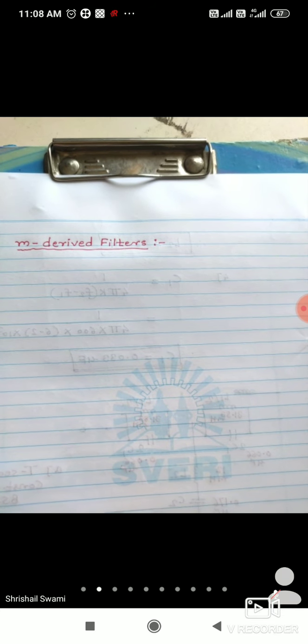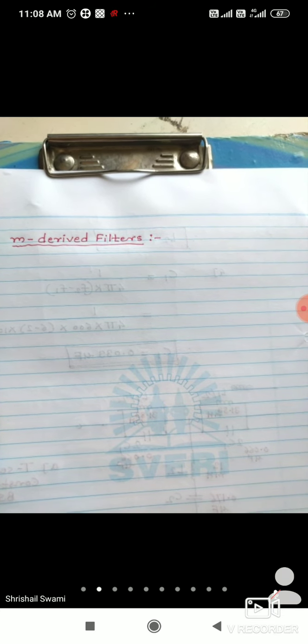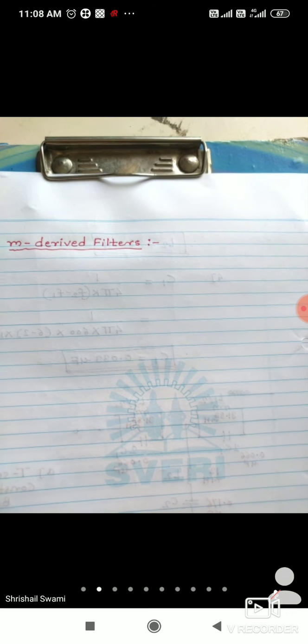Because some drawbacks we are getting in case of constant K type low pass filter as well as constant K type high pass filter. So what will be the drawbacks? Drawback is what? Here the characteristics impedance, that is Z0, which is needed for impedance matching, especially in case of transmission lines and antennas.